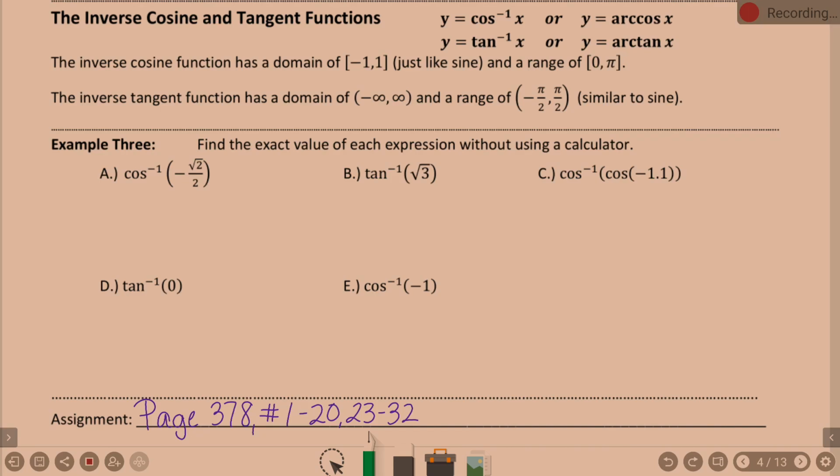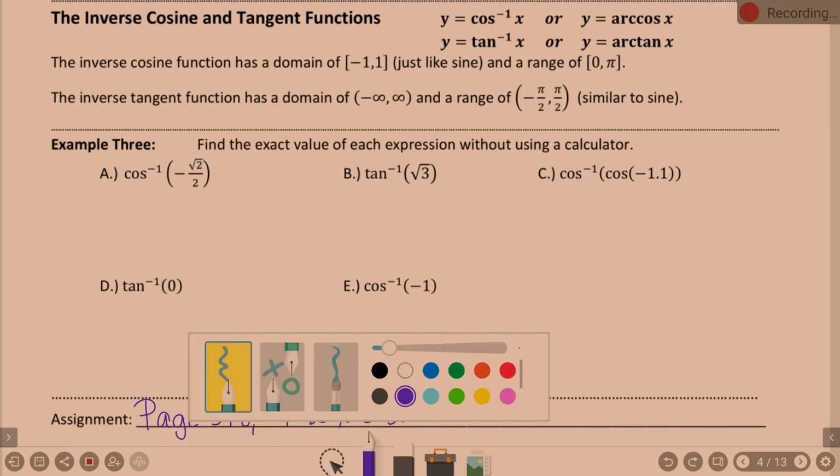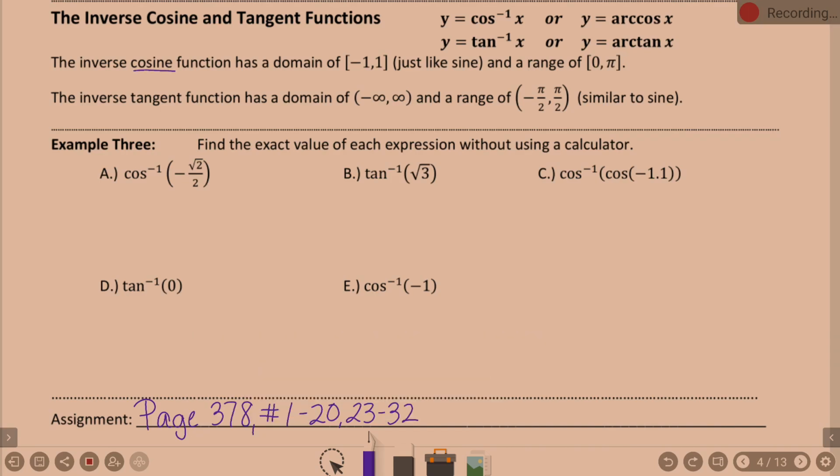Now, inverse cosine function. Pay attention here. Inverse cosine function has a domain of negative 1 to 1. Sounds familiar, doesn't it? Just like sine. Note, here's the biggie. A range of 0 to pi. Where's 0 to pi?